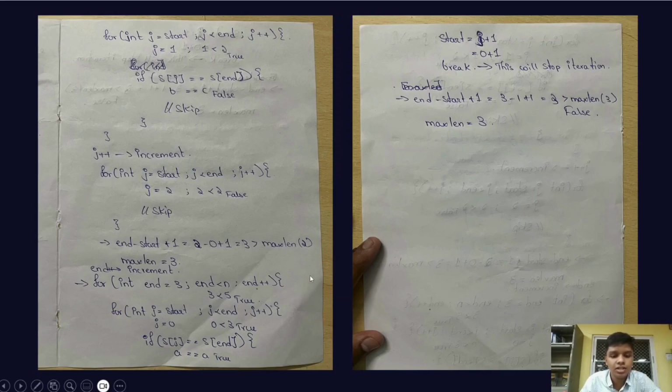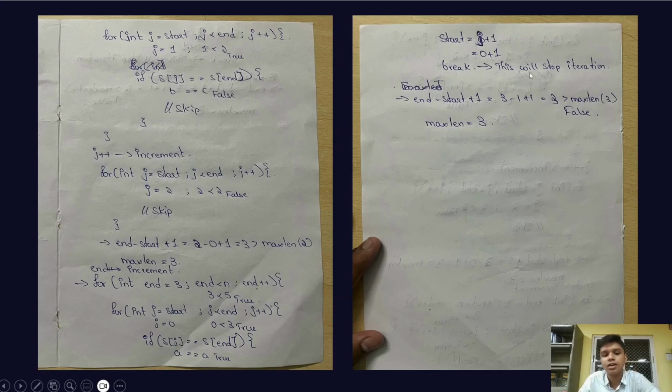So end equals 3, which is true. It will enter the inner for loop, for j equals start, j is less than n, j plus plus. j equals 0, 0 is less than 3, which is true. So we check s of j equals s of n, which is a and a, in a, b, c, a, b. So a equals a, which is true.